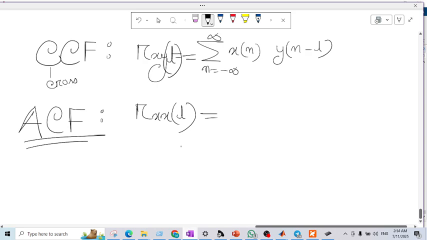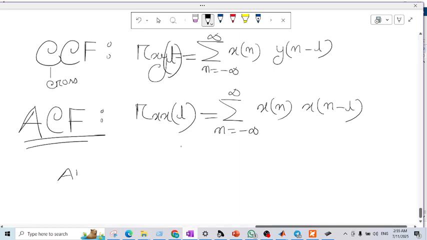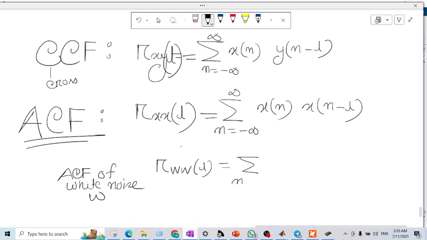So if I make an autocorrelation, the function will look like this. Here you have to write x, and again here x. And if we are trying the autocorrelation of white noise, the ACF of white noise, let's say the white noise is W, then you have to write W twice in this formula: W[n], then again W[n minus L].